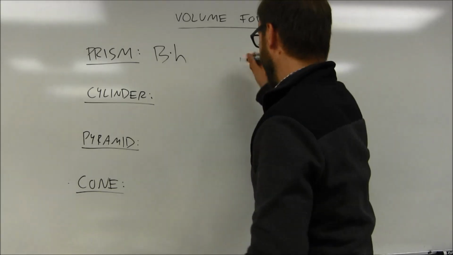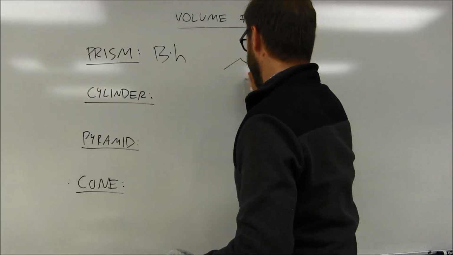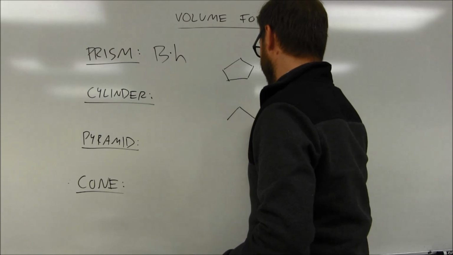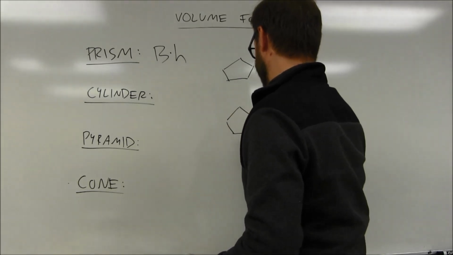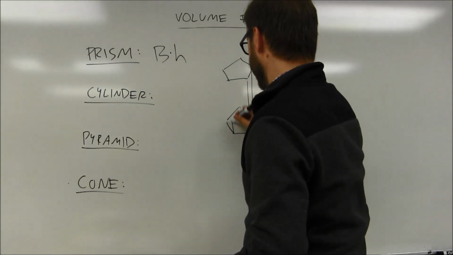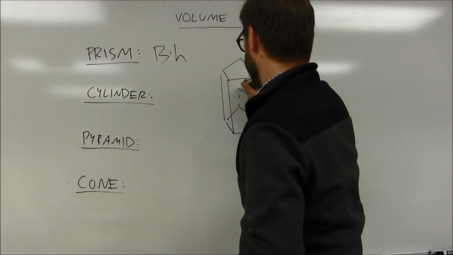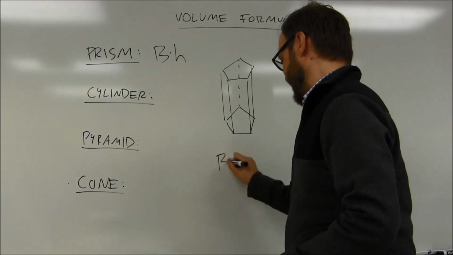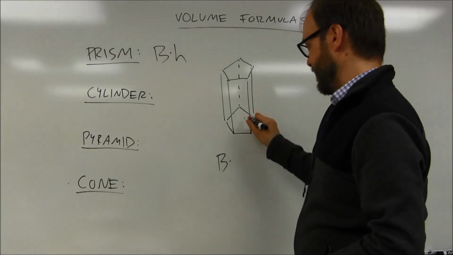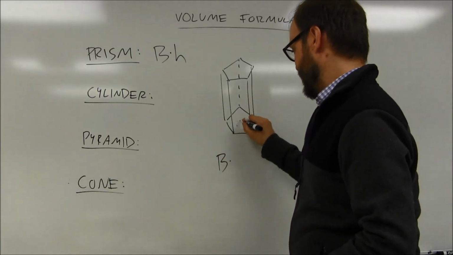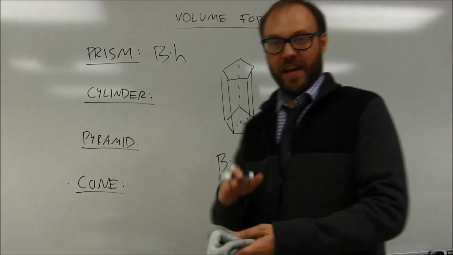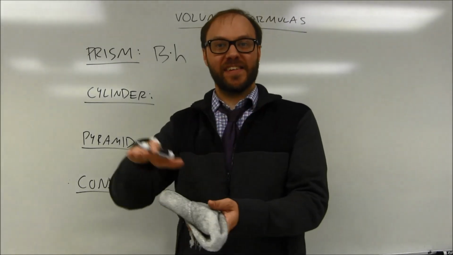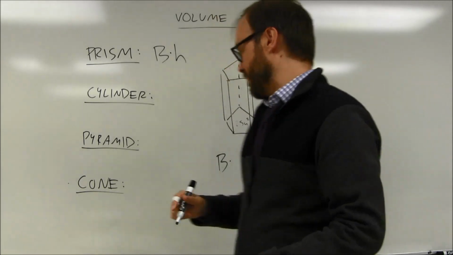Okay, so you can have a pentagon upper base and a pentagon lower base. And if you can find the area of those bases, you're still multiplying the area of the base times the height. So let's say that you find the area of this pentagon to be 25 square units. In other words, you could fit 25 blocks inside that pentagonal base.